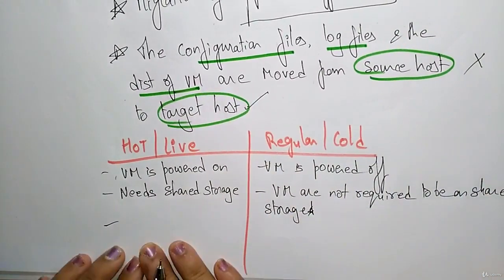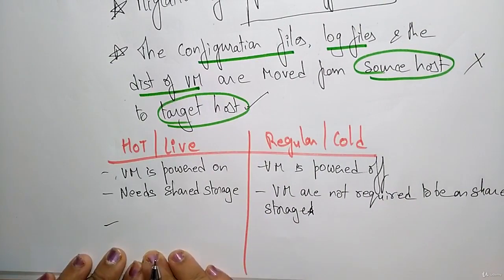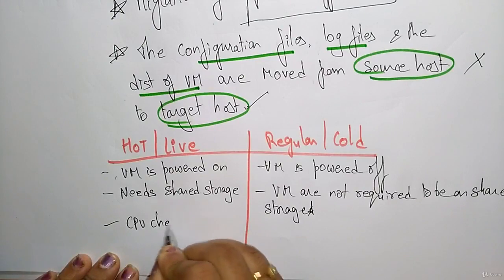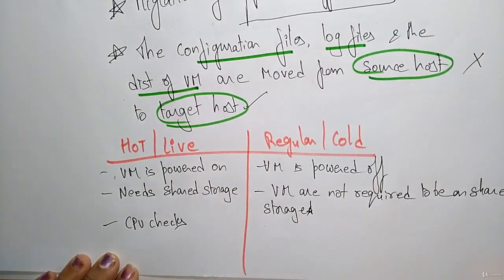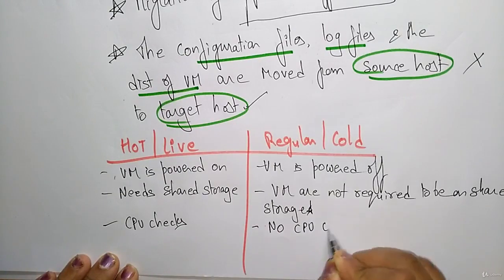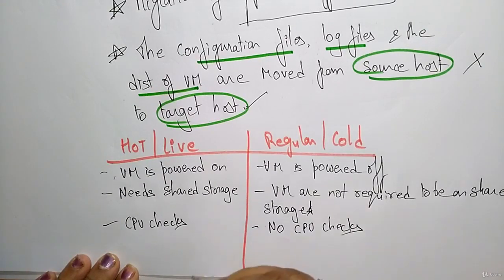Here certain CPU compatibility checks are applied between hosts, and here no CPU checks are applied.